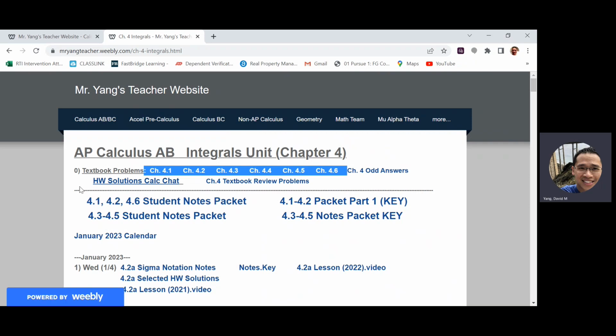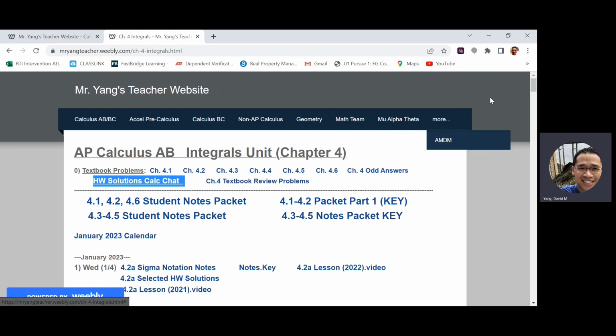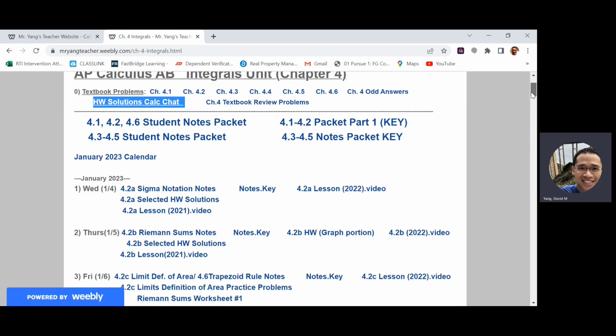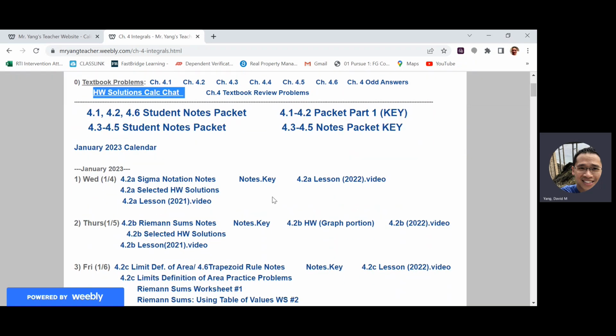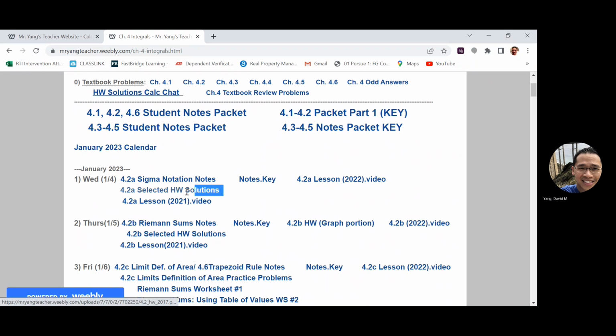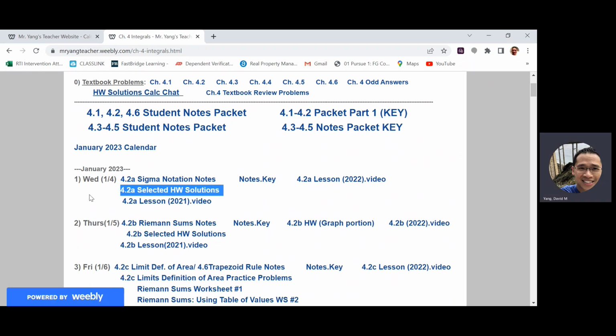And then CalChat has all the homework solutions. Most of the problems I give you are going to be odd number problems, which you can pull from CalChat. Also, I worked out problems on my own as well. If you look on each day, you're going to see selected homework solutions.